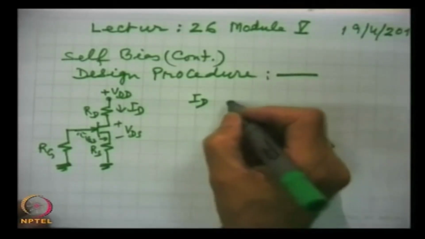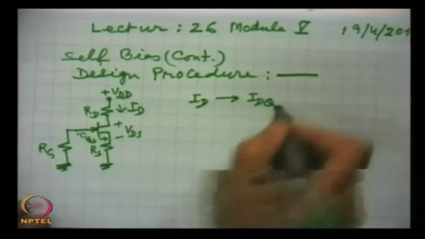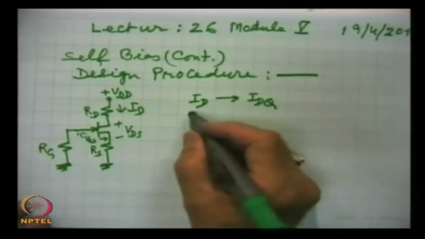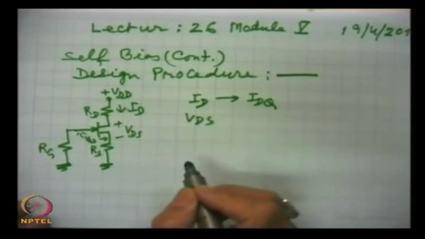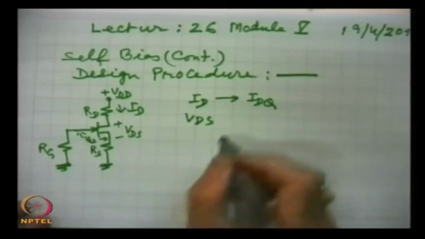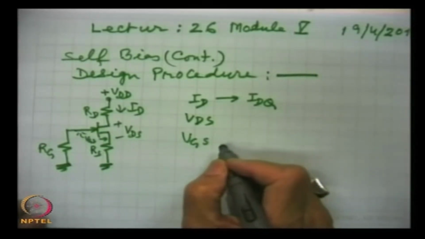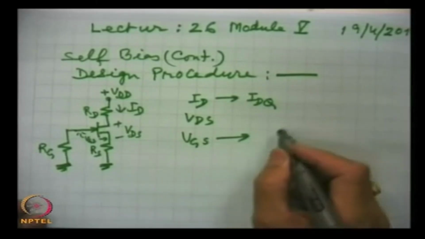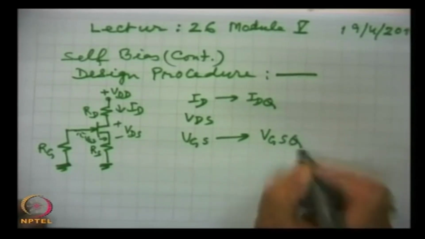So, this we write as I d Q, and the voltage V d s, and this gate source voltage V G S, which at the Q point is also to be noted, and this we shall write V G S Q.